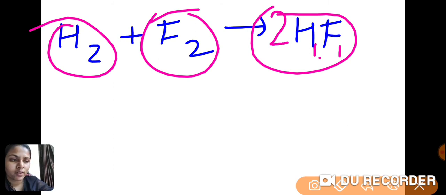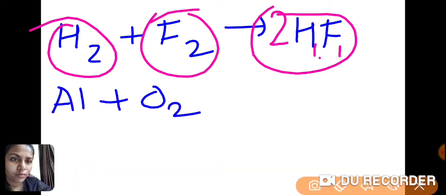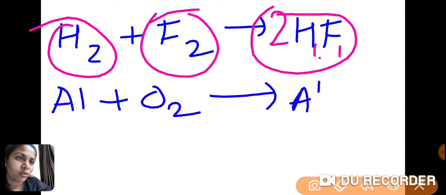equation, right? Again, taking an example, if we take Al plus O2 gives Al2O3.